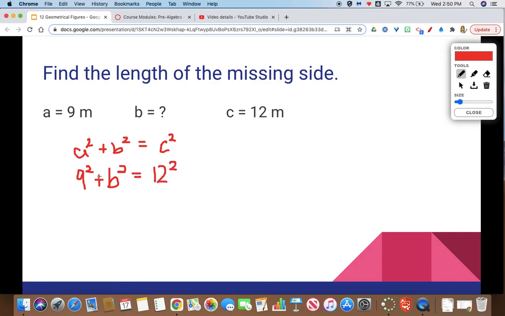So we're going to solve similarly, but a little bit different since the missing piece is over here on the left. Let's go ahead and square the numbers we know. And now we have a little equation that needs to be solved. To get b squared by itself, we need to get rid of our 81 by subtracting it on both sides. I got 63.